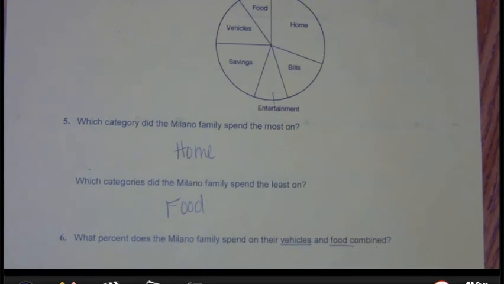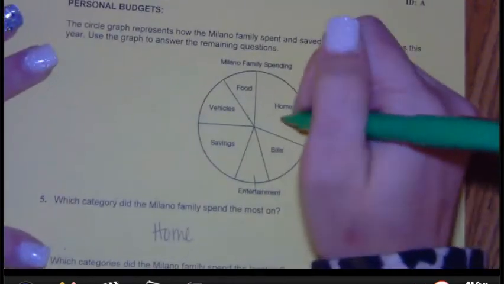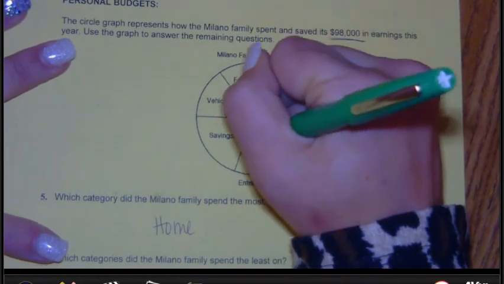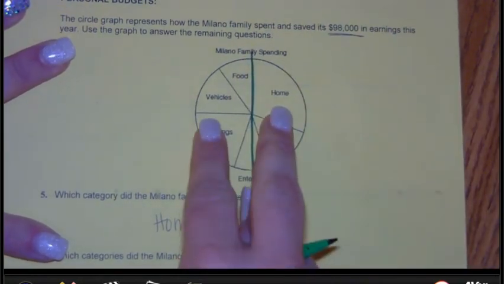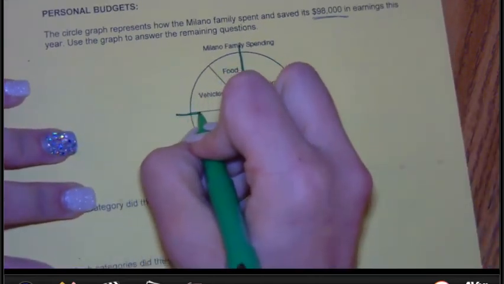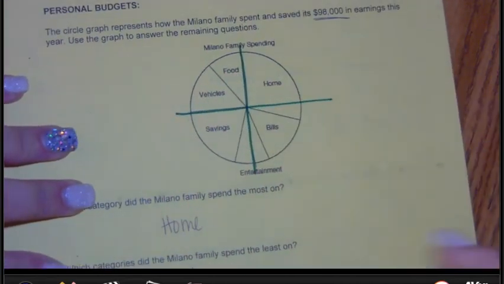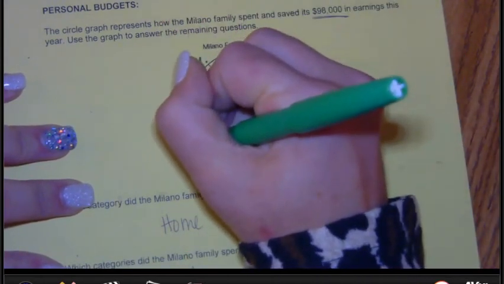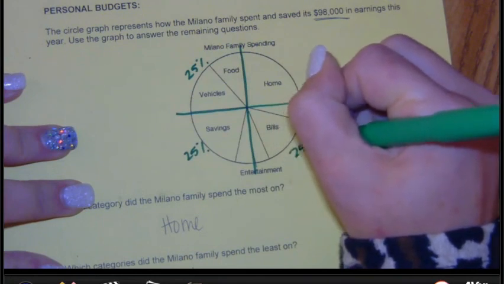All right, so what I'm going to do is split my circle in half. I know that one full circle is 100%. So if I break my circle in half right here, each side is worth 50%. If I cut my circle in half one more time, each quarter is worth 25% of the total.